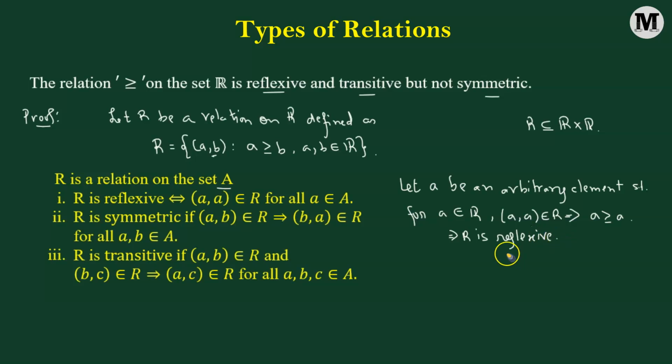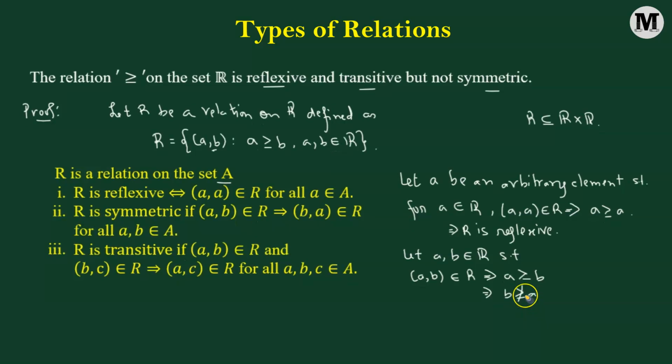Okay, now we'll check for symmetry. Here we are going to consider two elements a, b that belong to the set of real numbers ℝ such that the ordered pair (a, b) belongs to the relation R. This implies that a is greater than or equals to b. This is the definition, but the converse is not true. If a is greater than or equals to b, then b need not be greater than or equals to a.